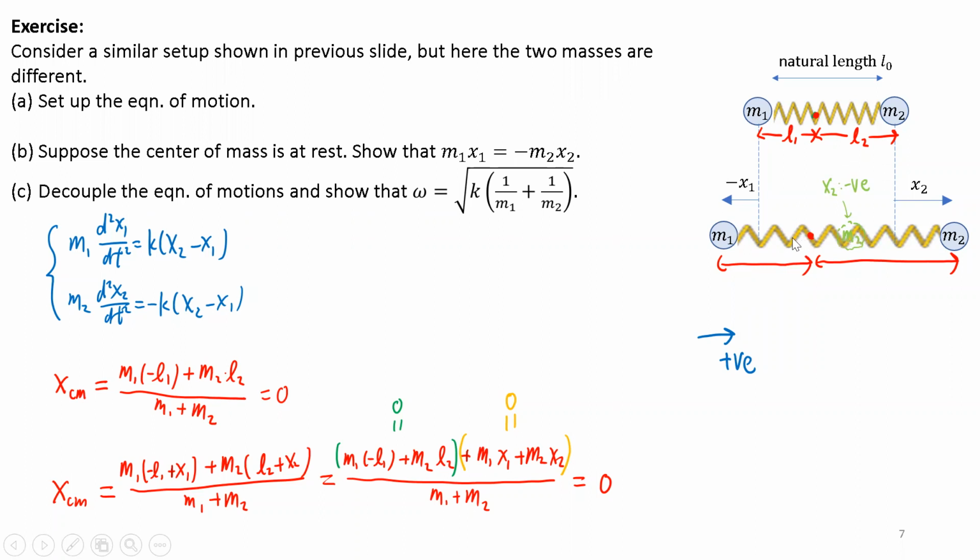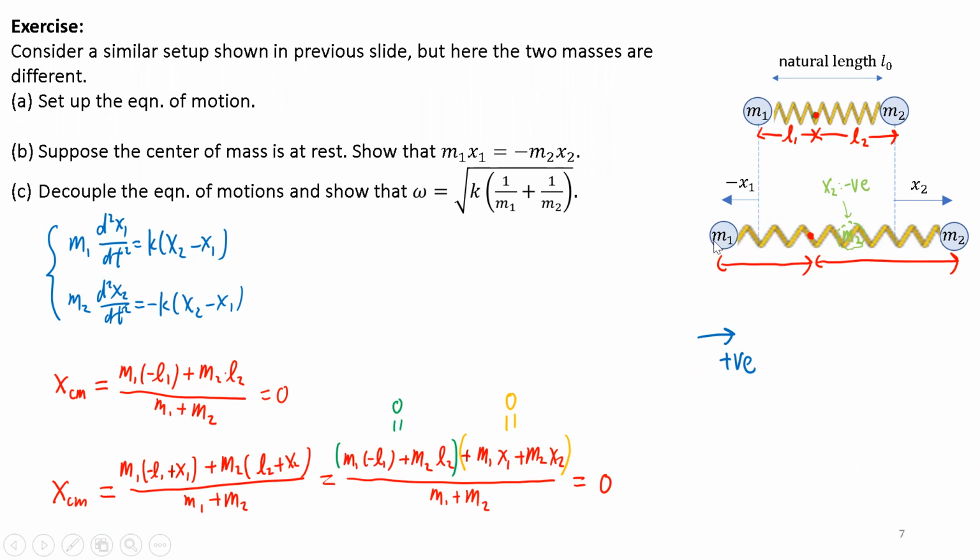Similarly for this m1, if m1 is to this side, then x1 is a positive number, no problem. Now if m1 is to the left side, then the displacement, I will still call x1, but this is a negative number.